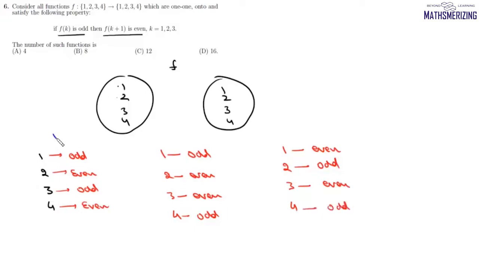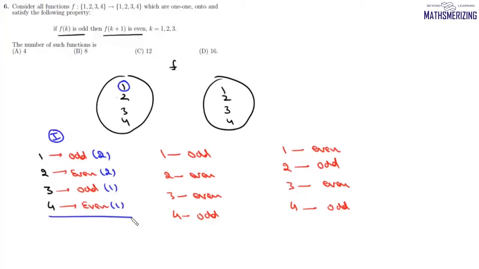In the first case, for this one, we have to choose an odd image, and we have 2 options. So number of options here will be 2. Now again for 2, we have to choose even number, again 2 options. Now for 3, there is only one number left because the function is bijective, 1, 1 and on 2. Again for this is 1.